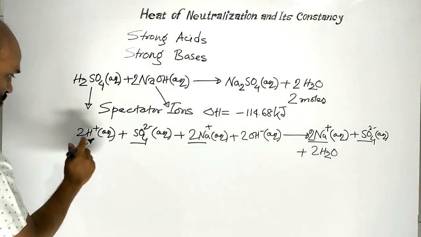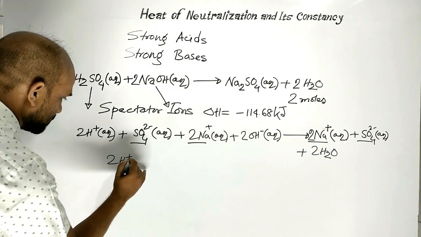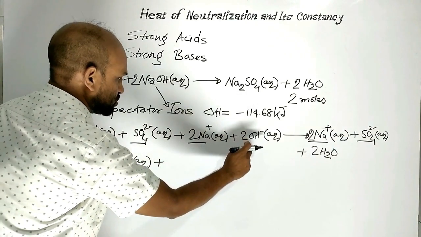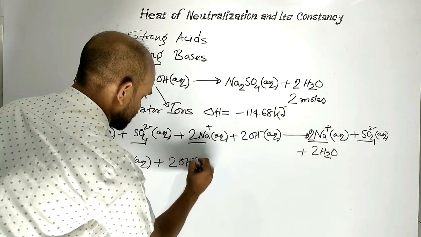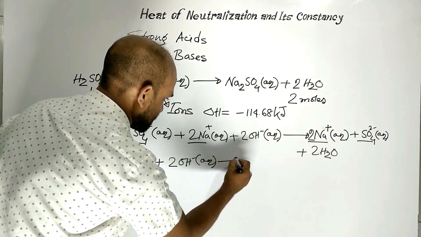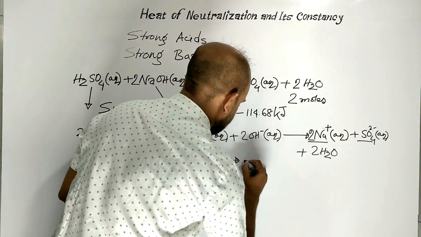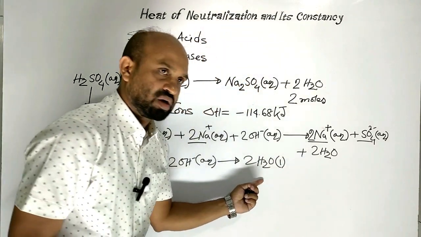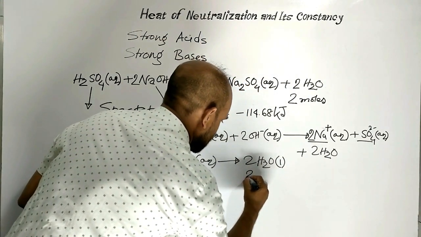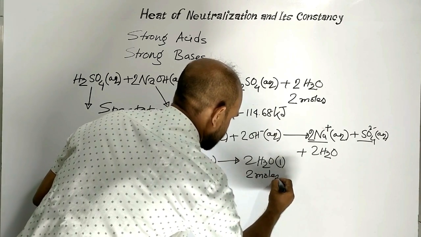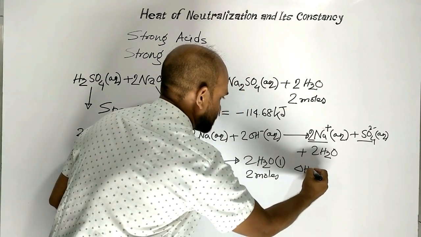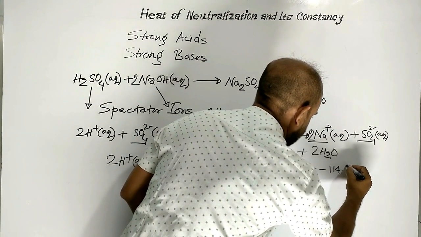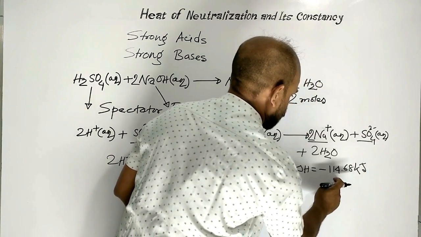Now, 2 moles protons combine with 2 moles hydroxide ions, and as a result 2 moles water are formed, and this reaction generates 114.68 kilojoule heat.